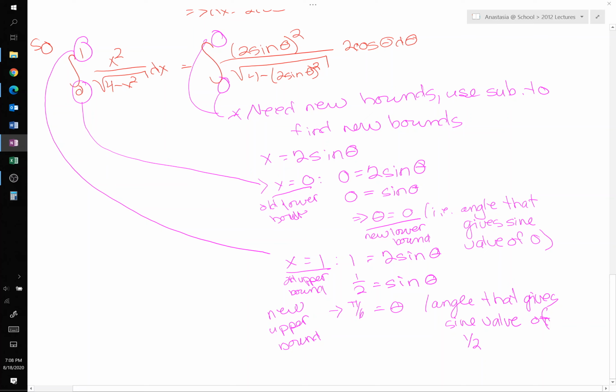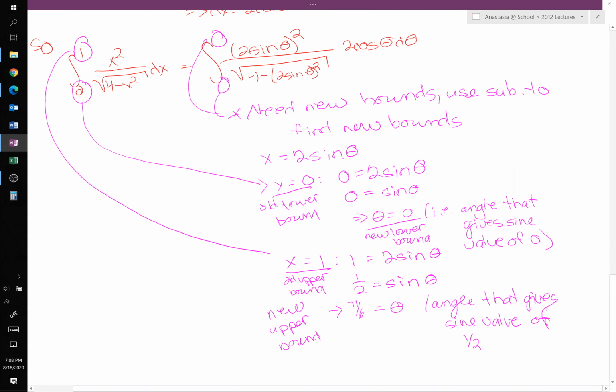So what we have then, if we write in our bounds of integration, is 0 and pi over 6.